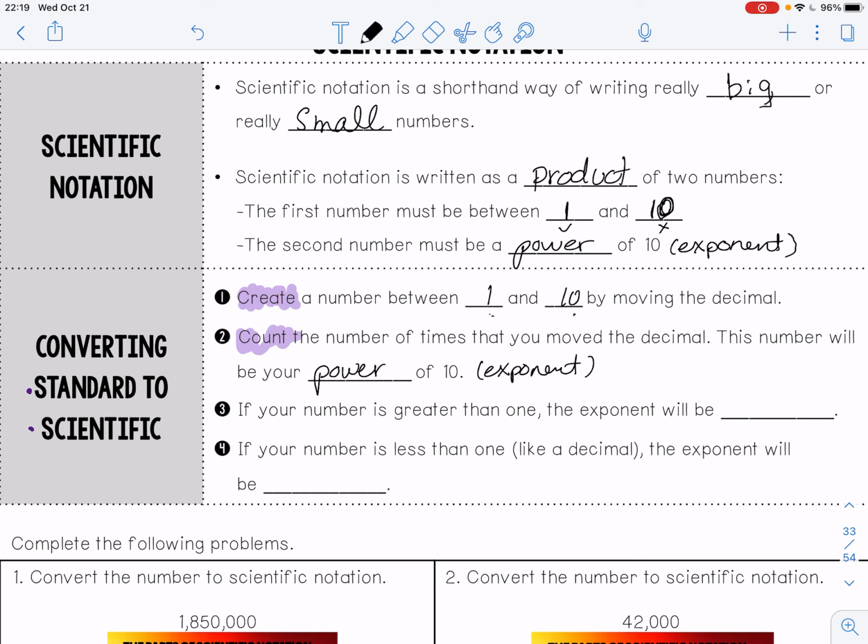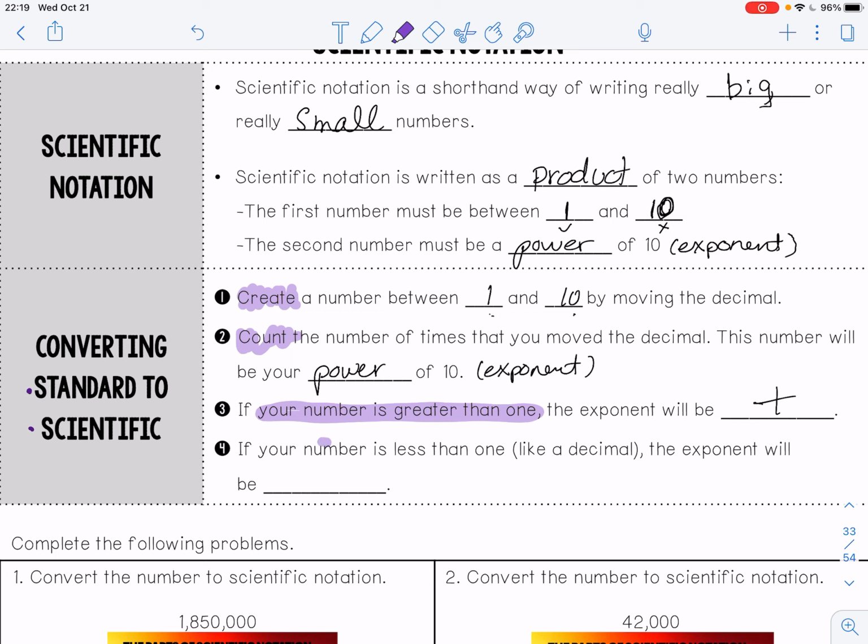Now here's the important part. If the number is bigger than 1, so 1, 2, 100 million, 45,000, the exponent will be positive. We will have a positive exponent if your number is bigger than 1.